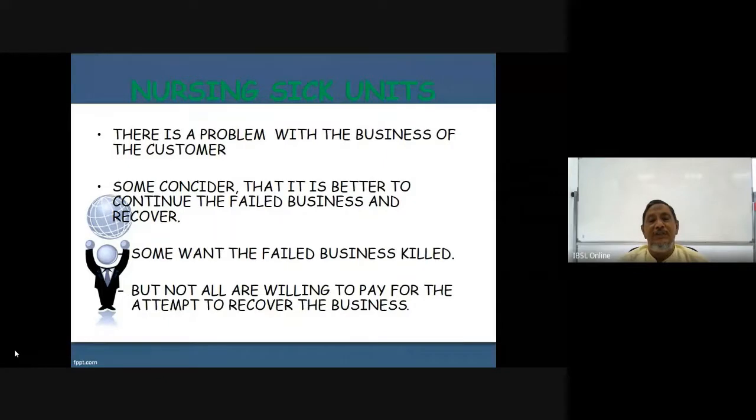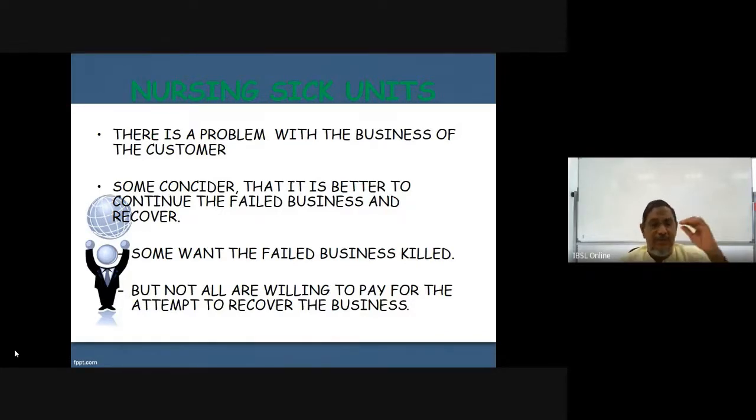What is raising of securities? There's a problem with the business of the customer. Some consider that it's better to continue the failed business and recover, going along with the business. Some want the business to be killed. Some Shylocks are in our industry.